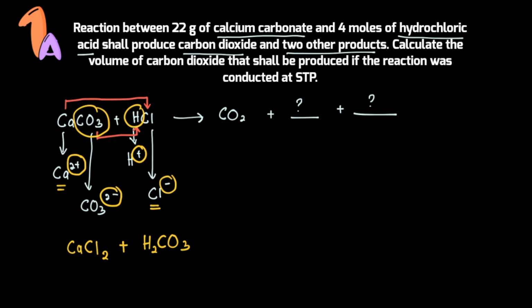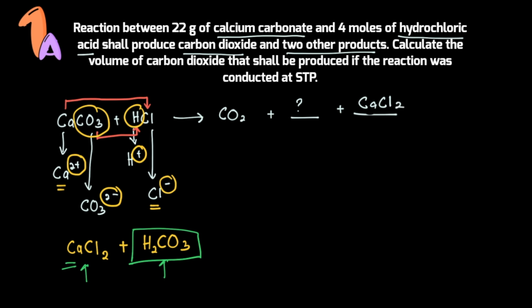So in between this product and this product, only this part can produce the carbon dioxide because there's no oxygen in the CaCl2.